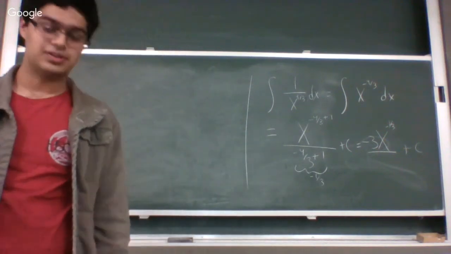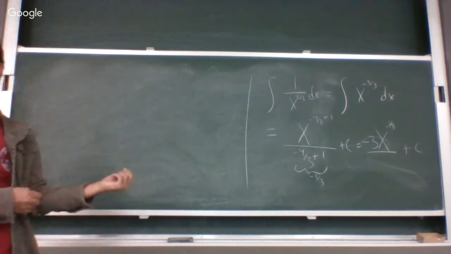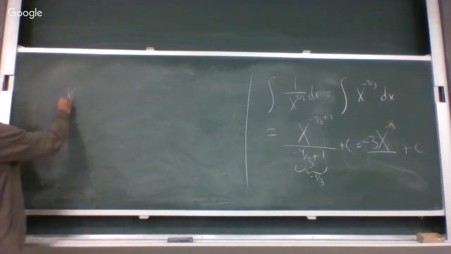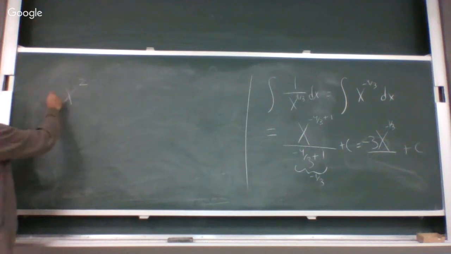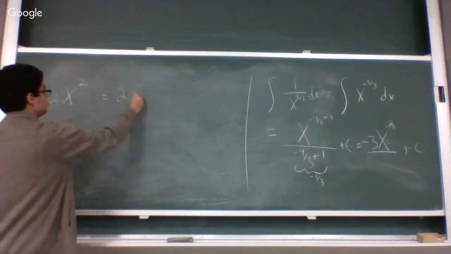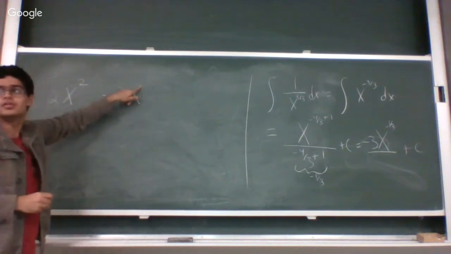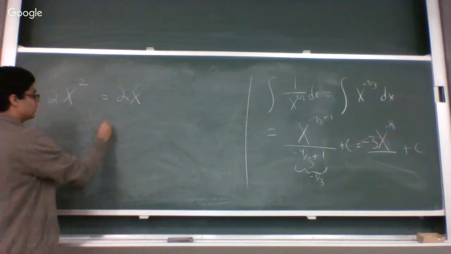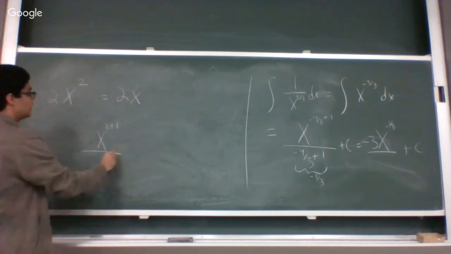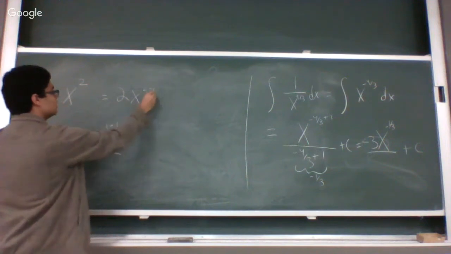This is the exact opposite of derivatives, okay? With derivatives, you're bringing down the 2 and then taking 1 away, right? So it's 2x. In integrals, we're adding back the 2, so it's x to the 1 plus 1, and we're dividing by, this was 2 minus 1, right?